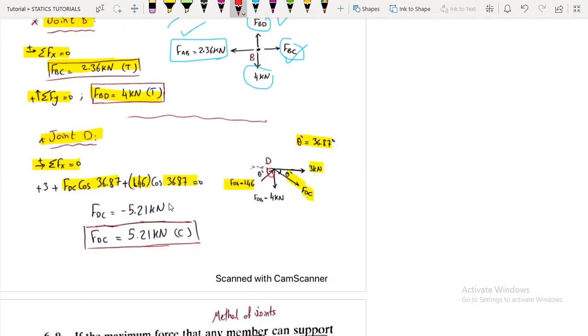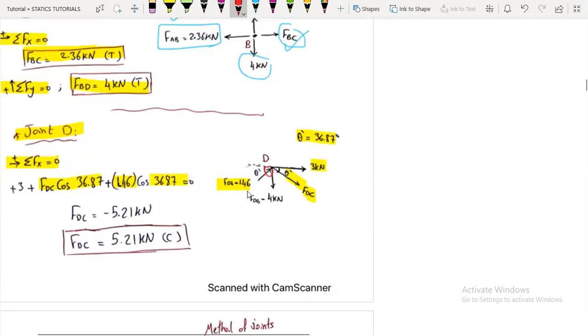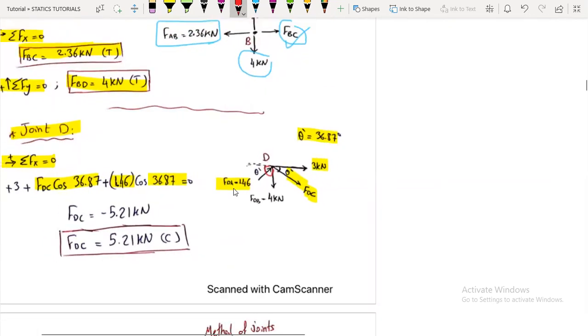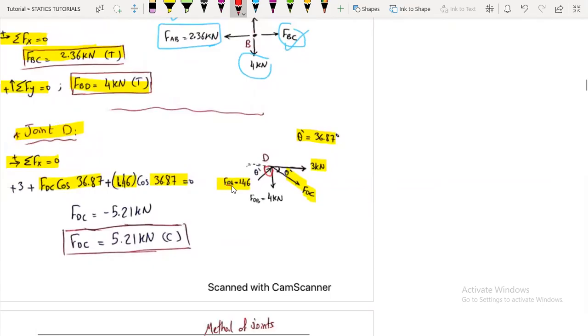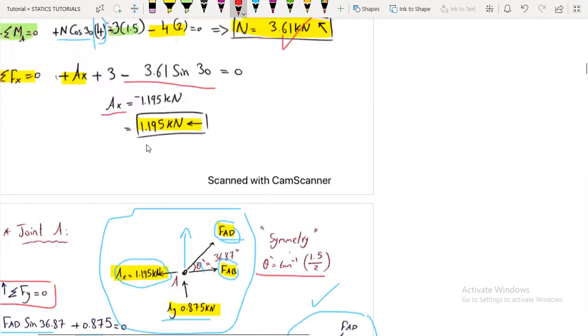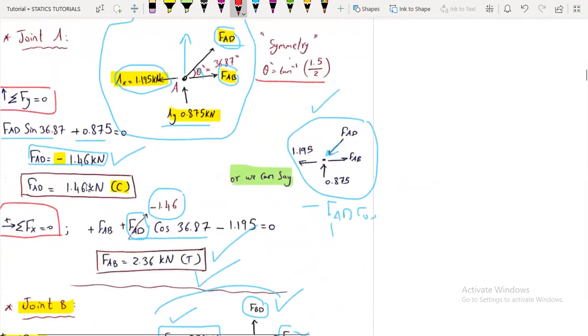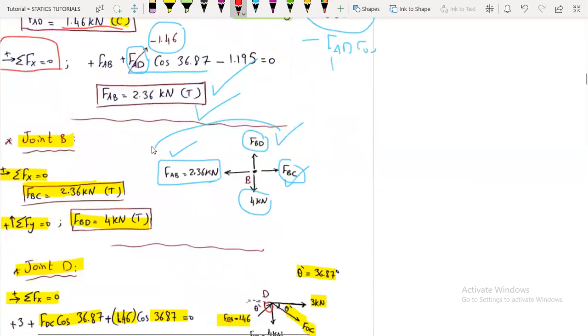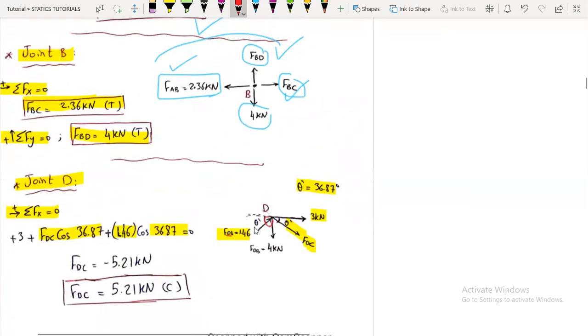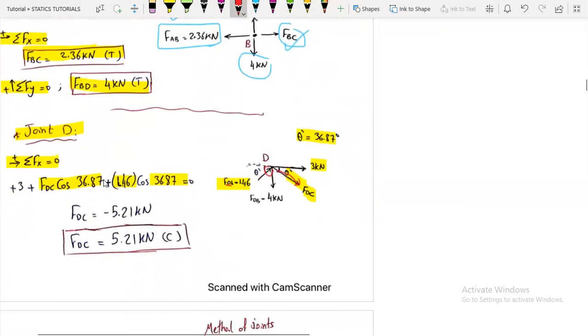So, sorry, FDA here, and FDA we have got the value of it to be what? To be 1.46 in compression, okay? So I make it here a compression force. And here FDC, I have assumed it to be a tension force, so plus FDC, I got finally the answer to be negative, so it is a compression force, okay?